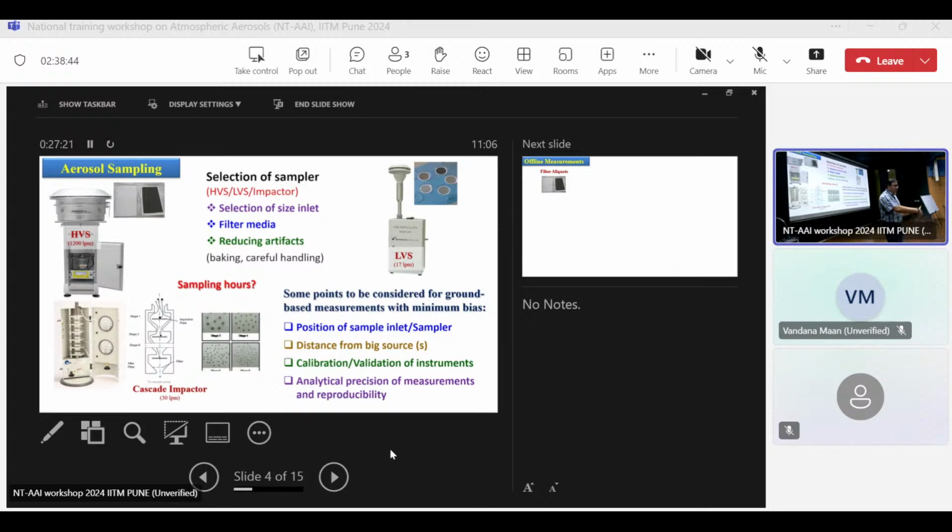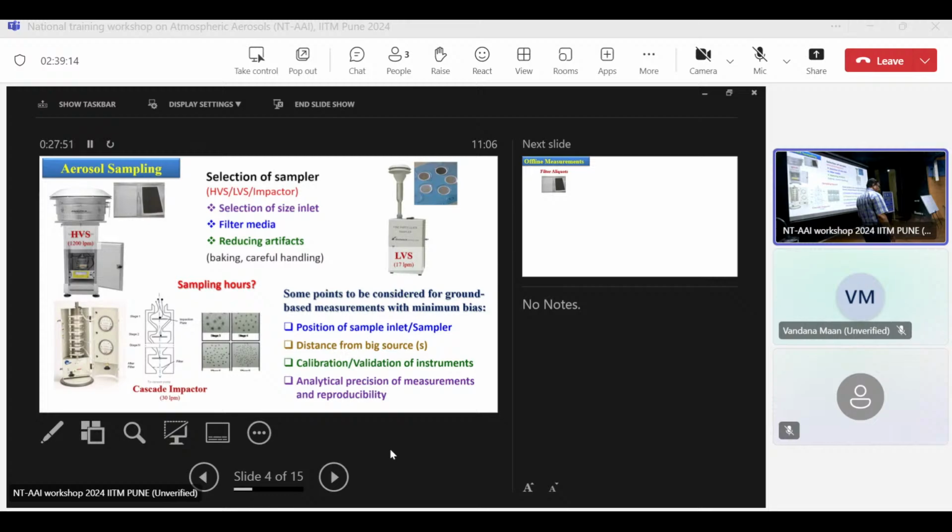Say I ask someone to go to Pune and collect a sample. One person puts it on the ground, or somebody has put it on a terrace. Obviously the composition will be different. Somebody will say this is the composition I measured correctly, and another person will say no, that is the composition. Now, who will decide what is the right composition? So for atmospheric studies, it should be at least 15 feet or above. Try to put the sampler 15 feet or above.